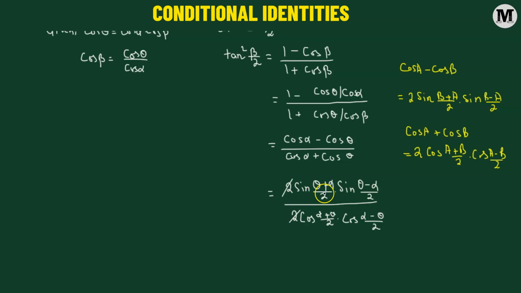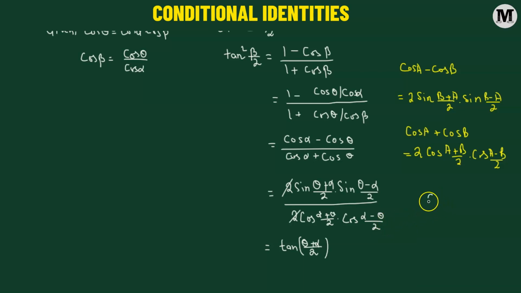Now sine of (theta plus alpha) over 2 divided by cosine of (alpha plus theta) over 2 is going to be tangent of (theta plus alpha) over 2. Now we have sine of (theta minus alpha) over 2, whereas in the denominator we have cosine of (alpha minus theta) over 2.